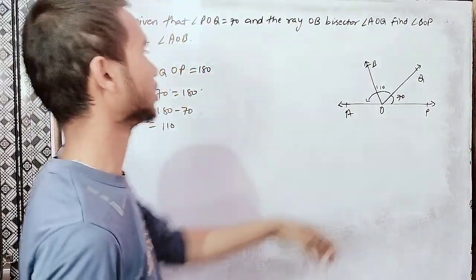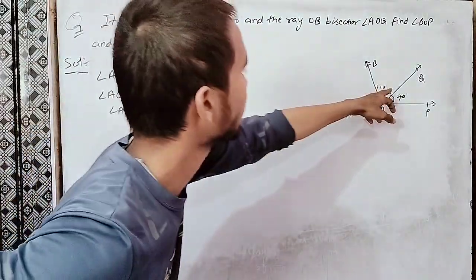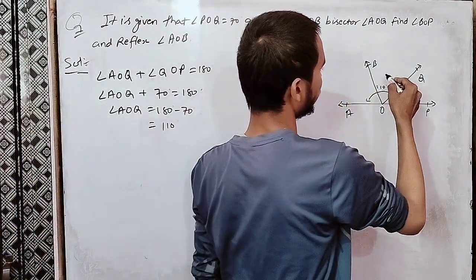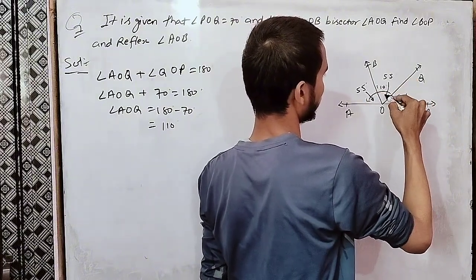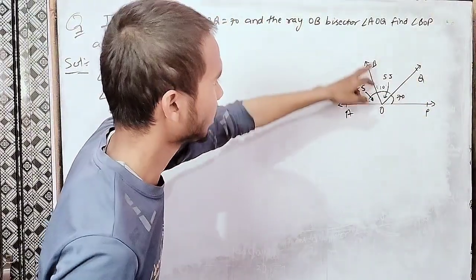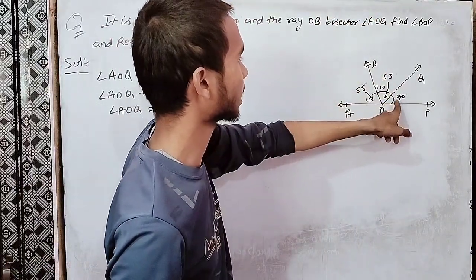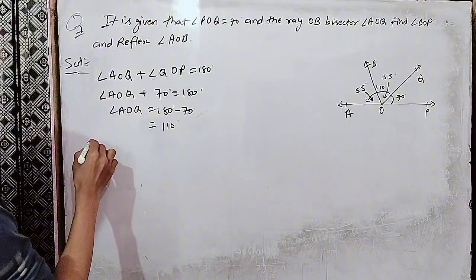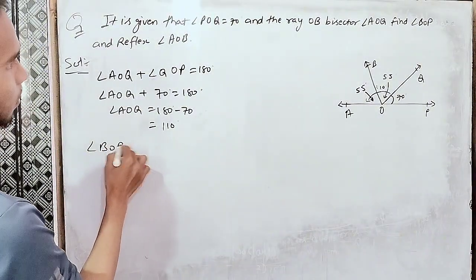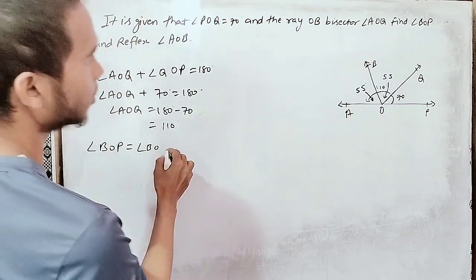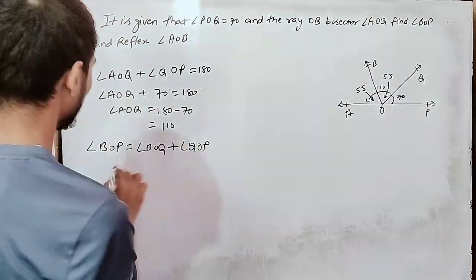Now we know that the value of this would be how much? 55, and this is 55. So we will just add together the value of this angle and the value of this angle. So we are going to find out BOQ and then QOP.